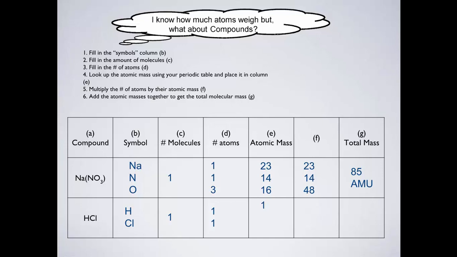Atomic mass of chlorine? Okay, use that periodic table. 35. Total, so multiply it out. 1 times 1, 1 times 35. Total mass, 36 AMU. Too easy.